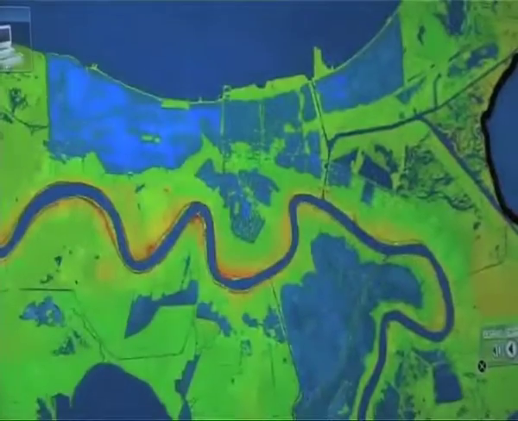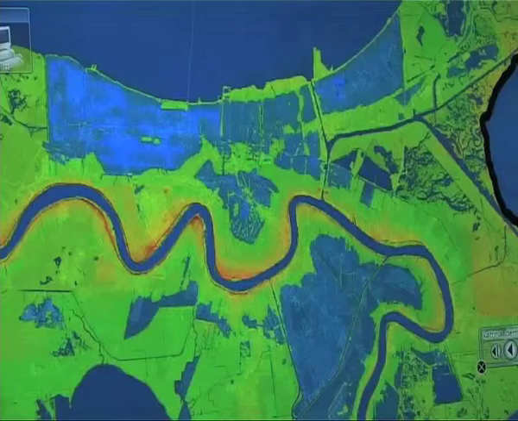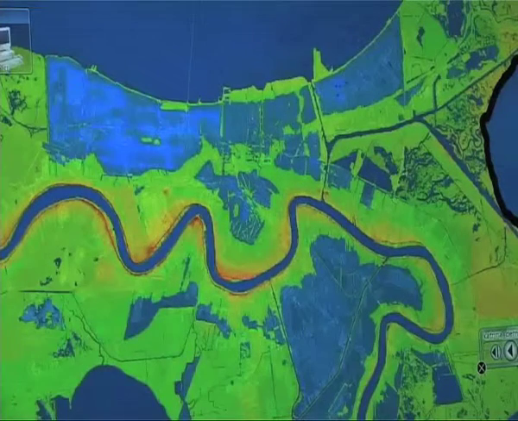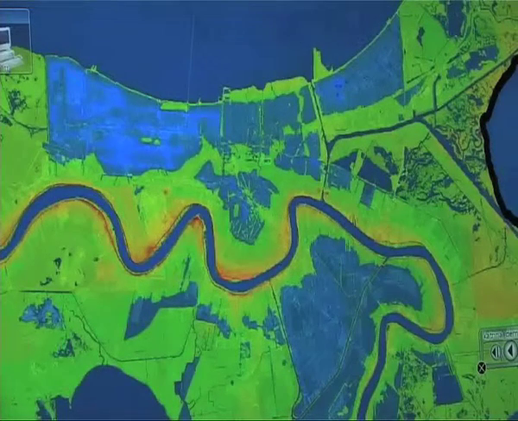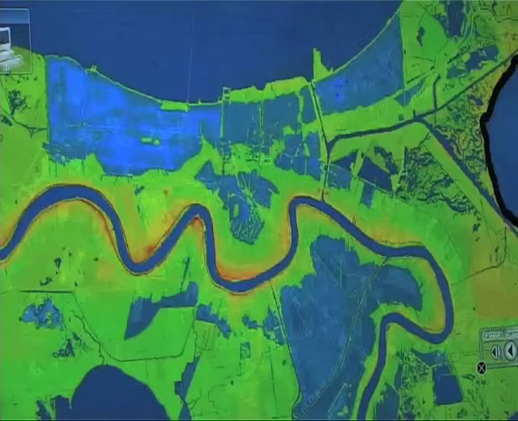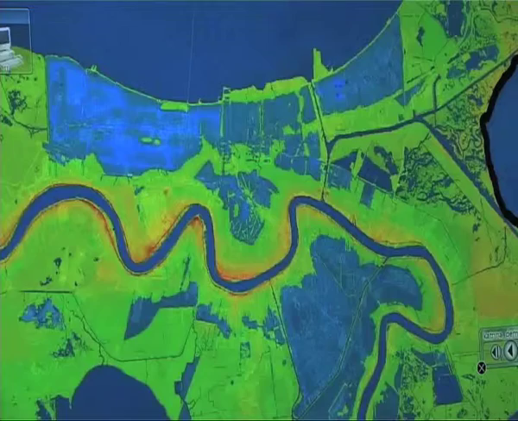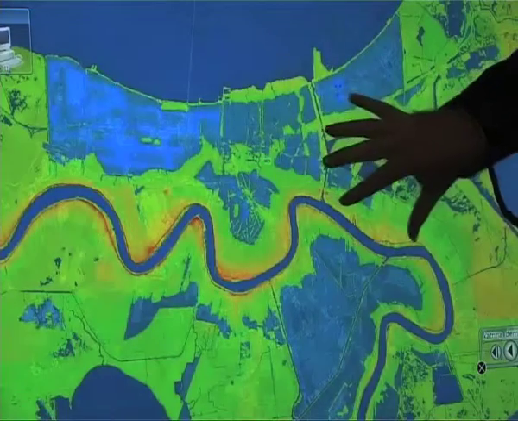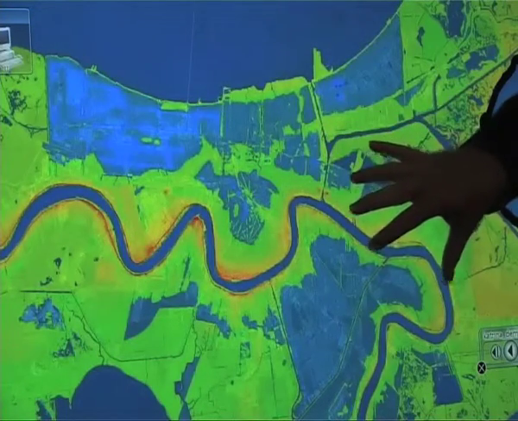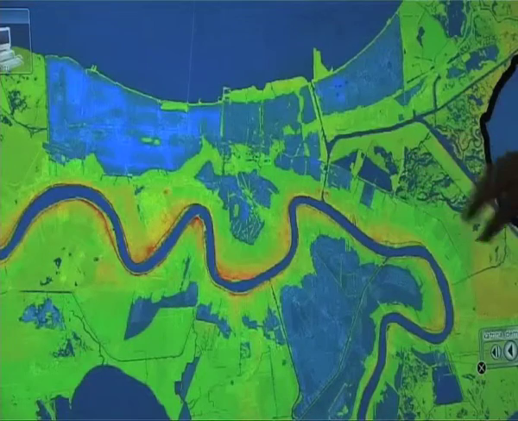We can also, with digital elevation models, try to determine who is most vulnerable to things like sea level rise, who's most vulnerable to storm surge. And so this is a digital elevation model of New Orleans in Louisiana.